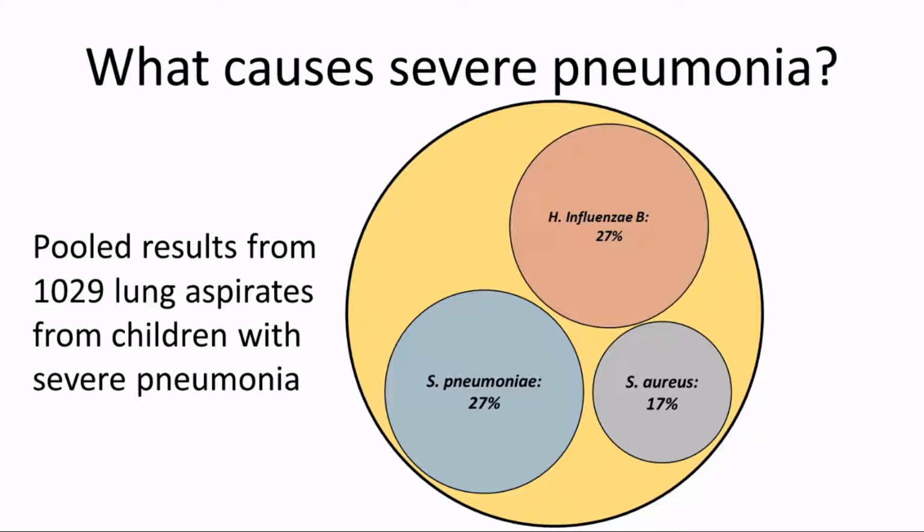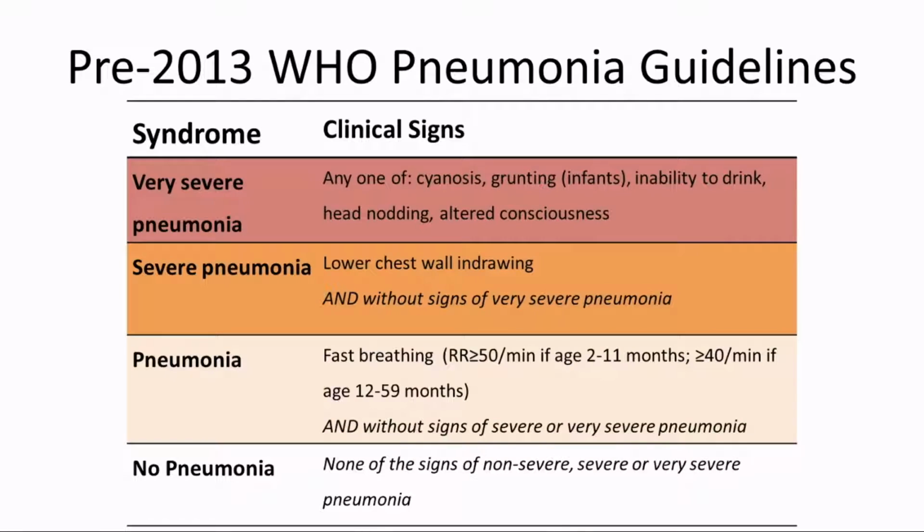And based on this data, the WHO, through the acute respiratory infections technical working group, developed guidelines which recommended stratification of children into levels of severity to inform the antibiotics chosen for treating these children.